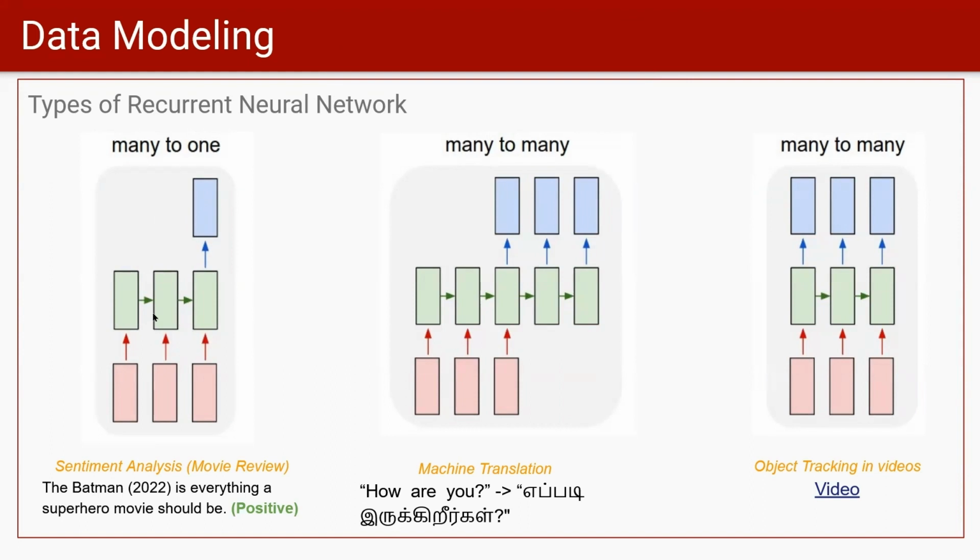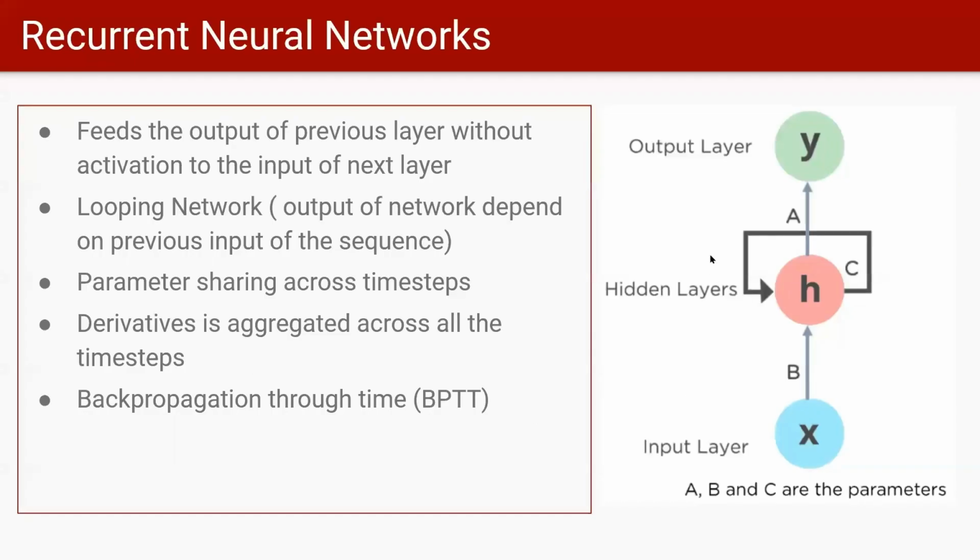For example, a customer review has many words or sentences, which is many input, and our model just tells us if it is a positive or a negative review, which is one output. There is also the many-to-many variant used for machine translation, that is transcribing from one language to another, which would have many inputs and many outputs. You can also use the many-to-many RNN for object tracking. Now let's look at the structure of RNNs and how they actually work.